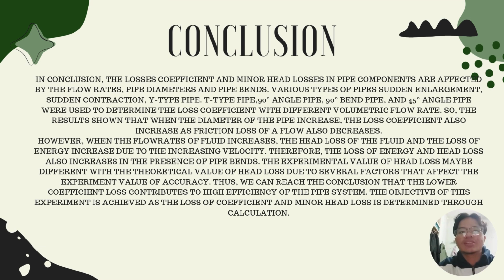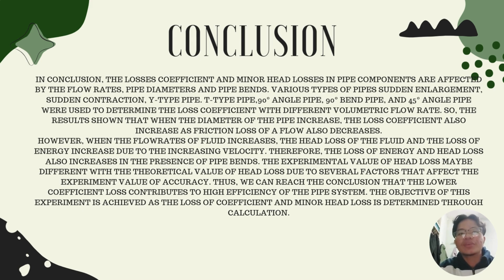In conclusion, the loss coefficient and minor head losses in pipe components are affected by the flow rates, pipe diameter, and pipe bends. Various types of pipe, sudden enlargement, sudden contraction, Y-type pipe, T-type pipe, 90-degree angle pipe, 90-degree bend pipe, and 45-degree angle pipe were used to determine the loss coefficient at different volumetric flow rates. The results show that when the diameter of the pipe increases, the loss coefficient also increases as the friction loss of the flow decreases.